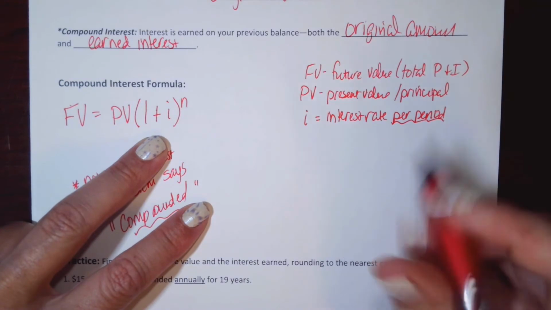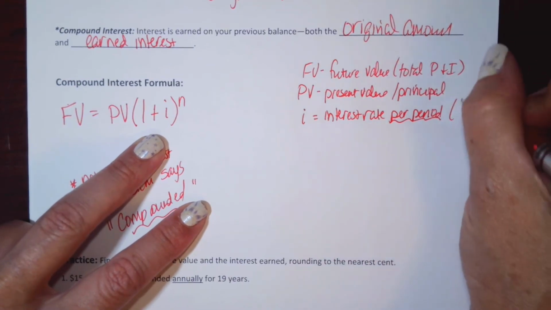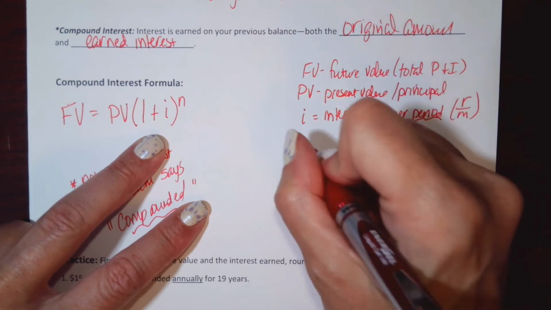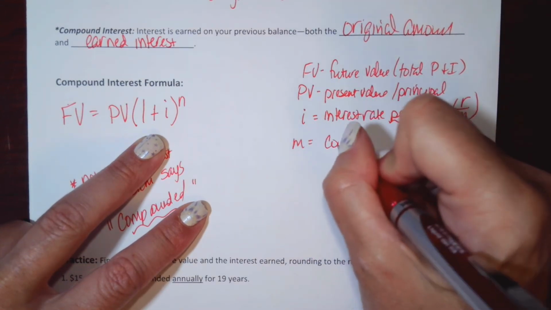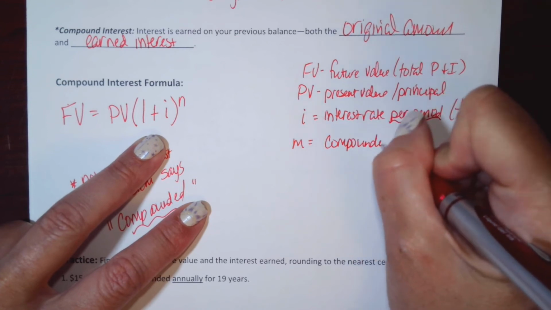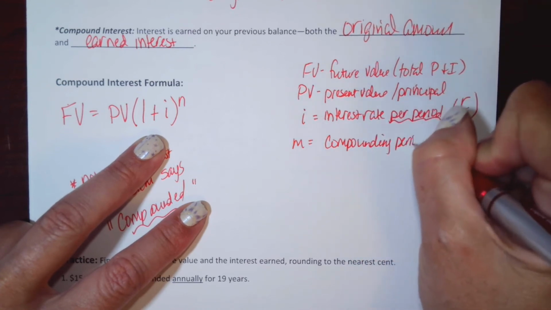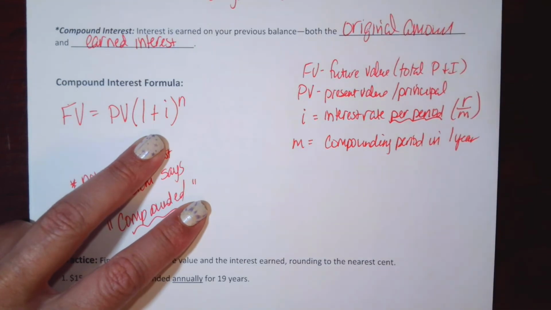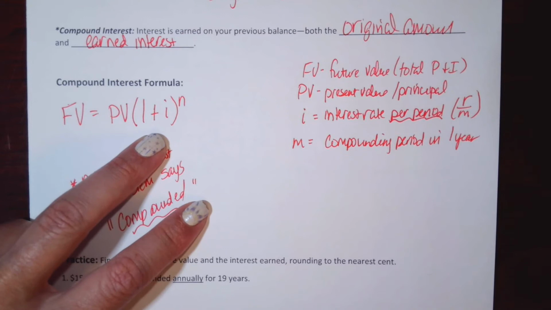So r over m, where m is your compounding periods in 1 year. And we're going to talk about that in just a second.